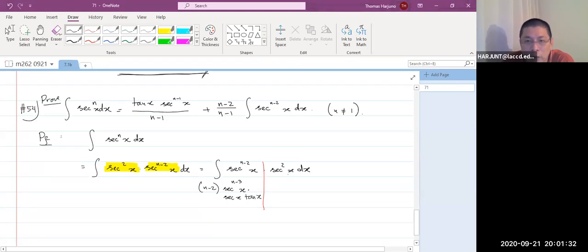While the integral of secant squared x is tangent x. Now then, I get this, which is tangent x secant. Why do I get something wrong?